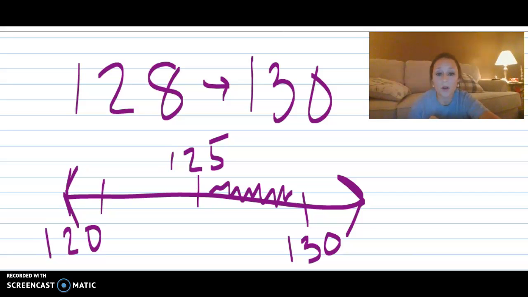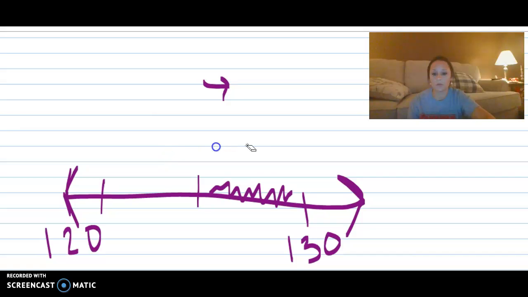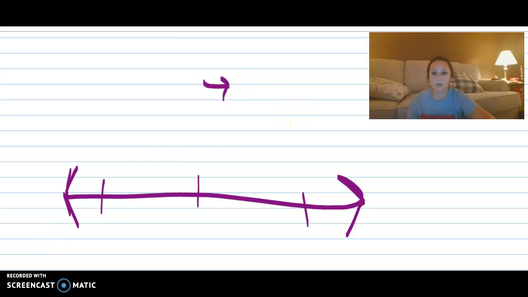Great job, guys. We're going to review one more rounding to the nearest tens. So go ahead and find more room on your scrap paper. And go ahead and make a new baby number line so you're ready to go. I'm going to erase my baby number line. All right, hopefully you have a new baby number line ready to go.